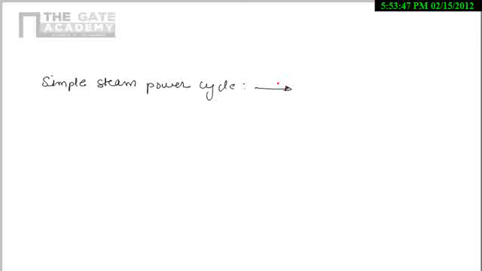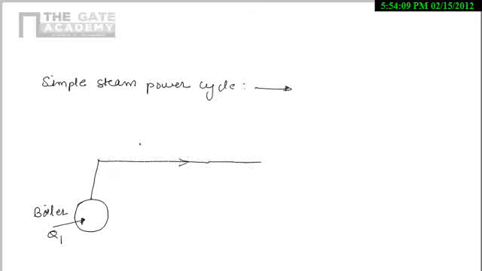So I will show the block diagram, and with the help of this block diagram we can easily understand. Here I have the boiler and I am supplying the heat, suppose Q1, and then the steam produced goes towards the turbine.